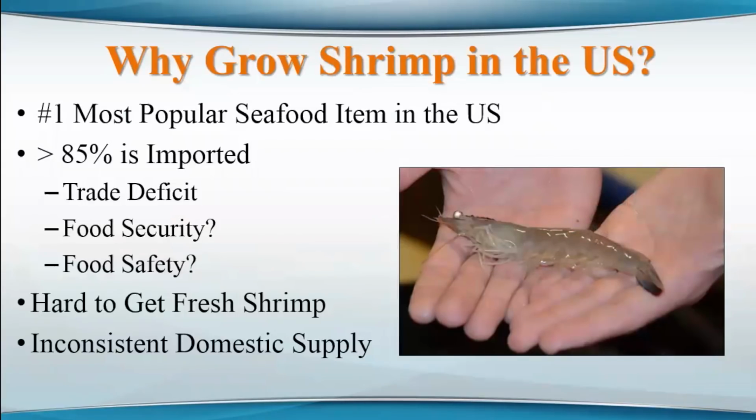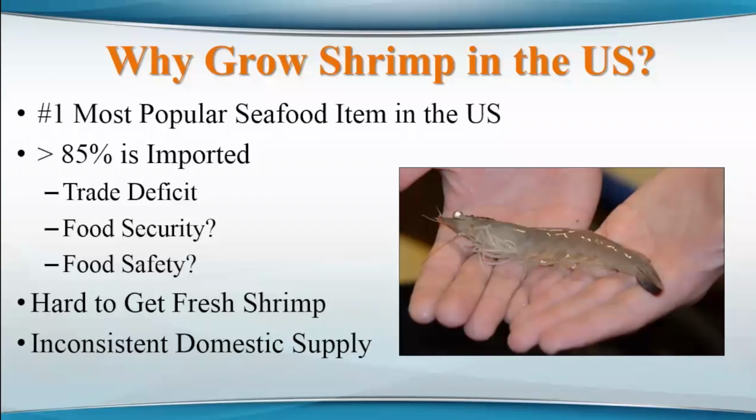So why would you want to grow shrimp in the United States in general? This is true for other countries as well. I'm most familiar with our specific situation in the U.S., but certainly a lot of this is true in Europe and Asia and many other areas in the world.